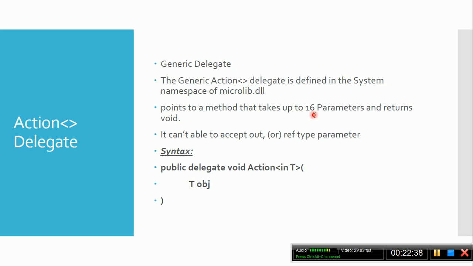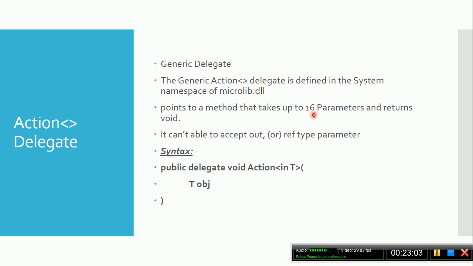I will repeat it again. Action is a delegate which accepts a pointer to a function, which accepts the address of the function. That target function should return void. It should not return any other type like integer or character or float. It should return only void. And then it can accept any kind of parameters. The maximum number of parameters allowed in that target function is 16.